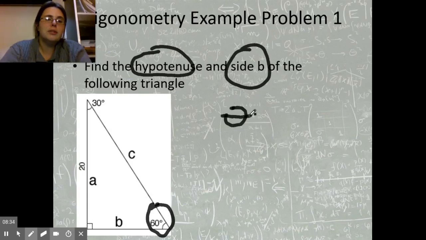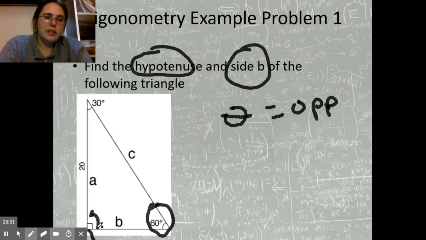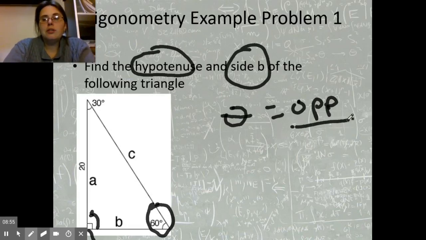So then it's the opposite. Okay, so opposite. And then we have C, that's the other one we need. That's going to be the hypotenuse because it's the longest side and it's the one that's opposite of the 90-degree angle. So that means we need to use sine because it's opposite over hypotenuse.